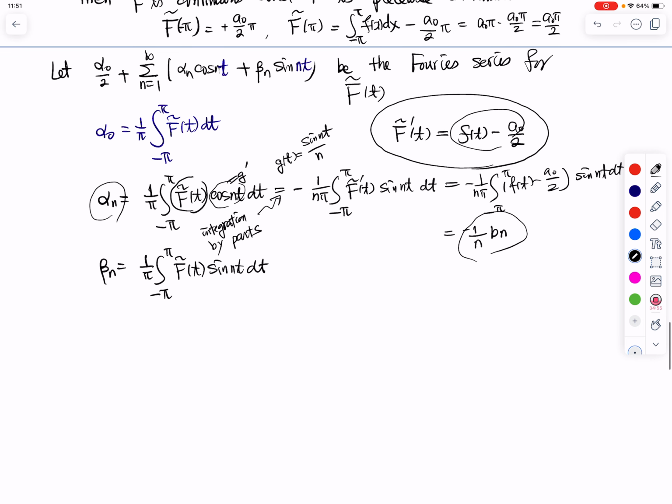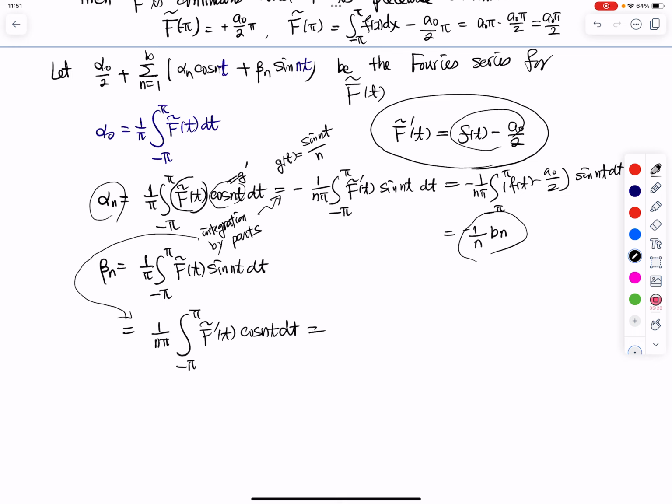And for beta n, you use integration by parts again. This is 1 over n pi integral from minus pi to pi of f tilde prime of t cosine nt dt. Again, you replace f tilde prime by f(t) minus a0 over 2.